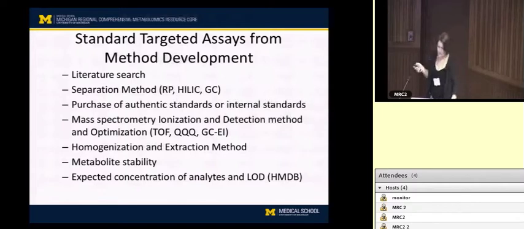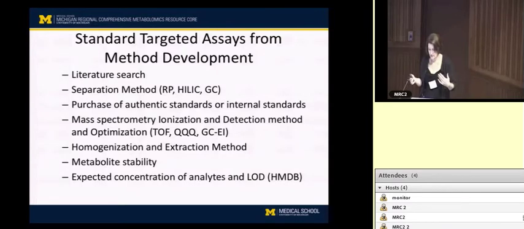I mentioned HMDB. I don't know if anybody here is familiar with that. I can't remember if I talked about it in one of my later talks, but it's called the Human Metabolome Database, and it's a great resource for looking at metabolites and saying where they have been seen before, what kind of tissues, urine, plasma, what the levels are. It's really interesting because they actually have normal and abnormal levels as well.